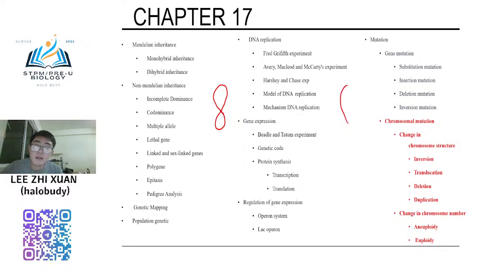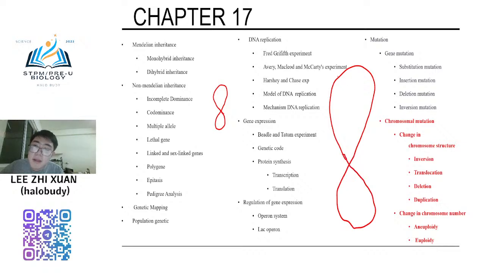If you look at the chromosome structure, it may be changed here, because our chromosome contains many genes. Maybe here is A, here is B, here is C, and then here is D, here is E. A change in chromosome structure means this A, B, C, D, E will be affected. So either A to B, or C to B, or it is reversed, and so on. Later you will learn.